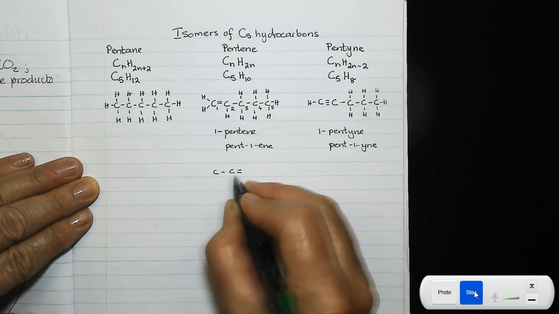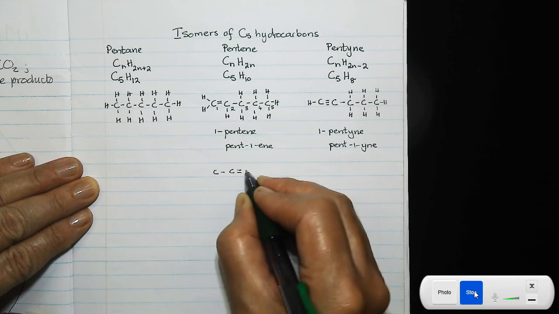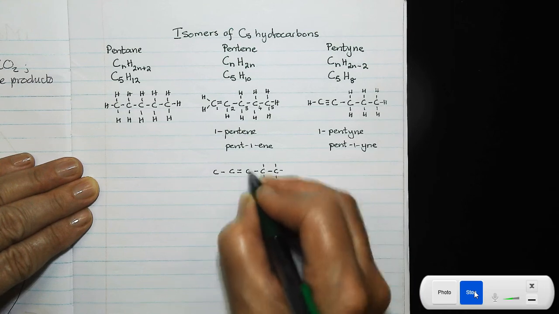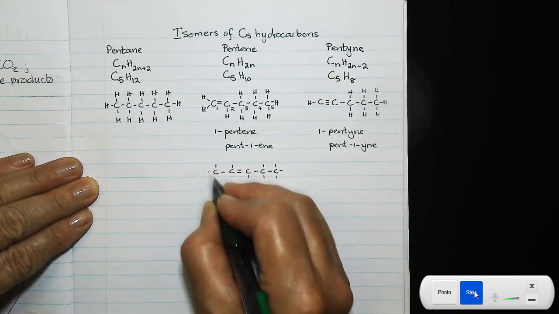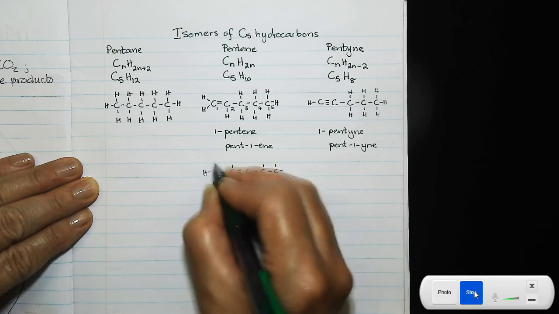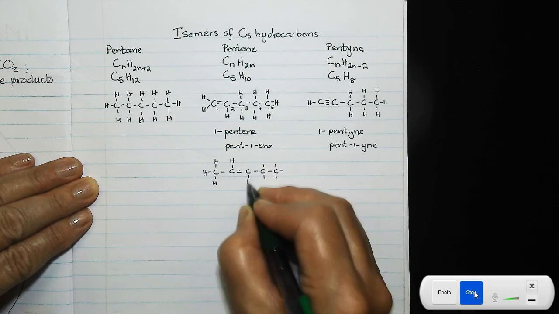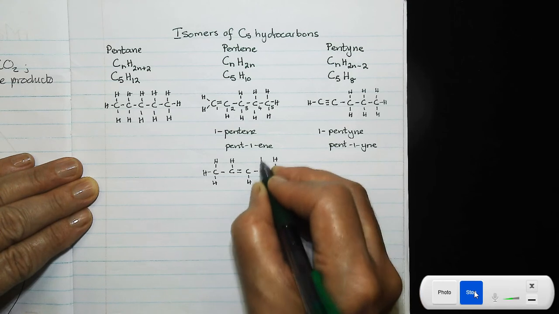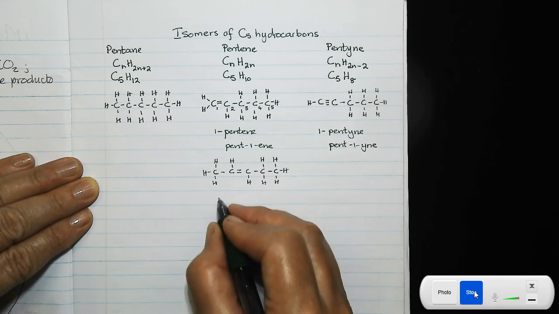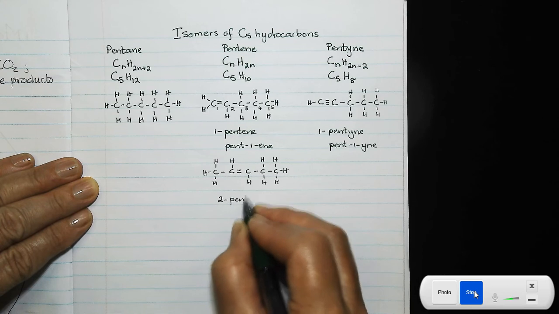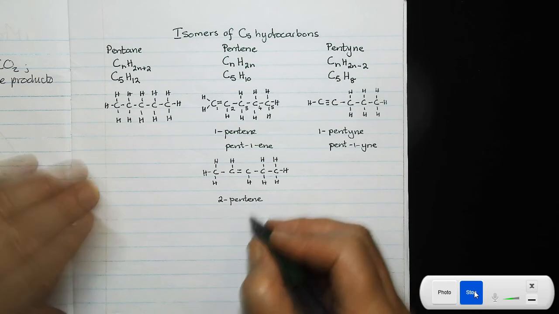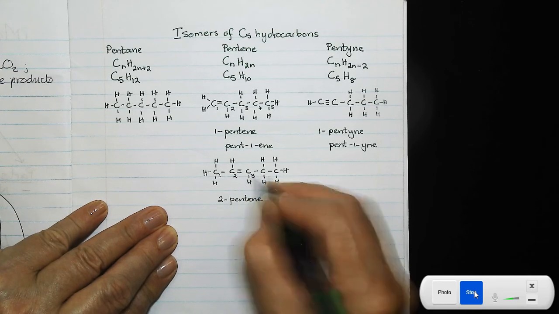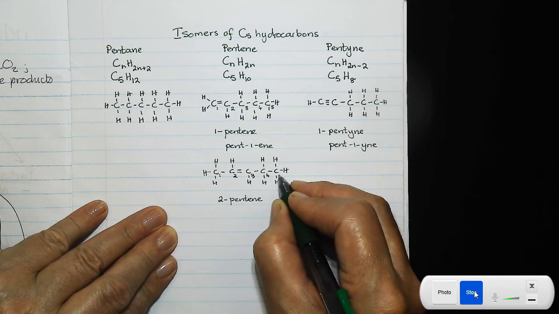Moving the double bond to between the second and the third carbon will give us this molecule. Now this would be called 2-pentene, because the double bond is between the second and the third carbon atom.